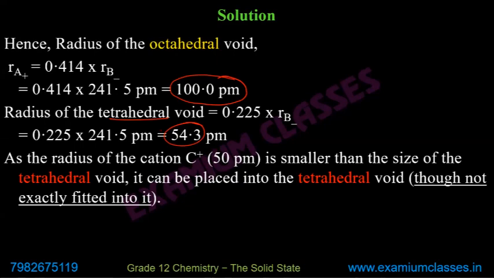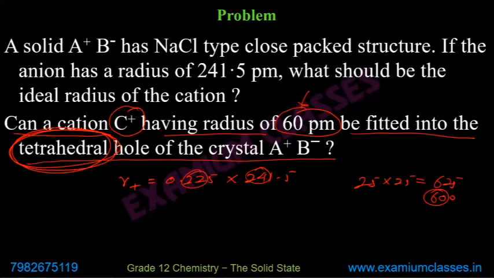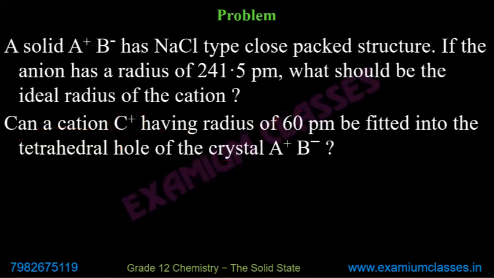Now, why is it written here? Because I intentionally changed this question from NCERT. In NCERT, the question is, can a cation C plus having radius 50 picometer be fitted into a tetrahedral hole?